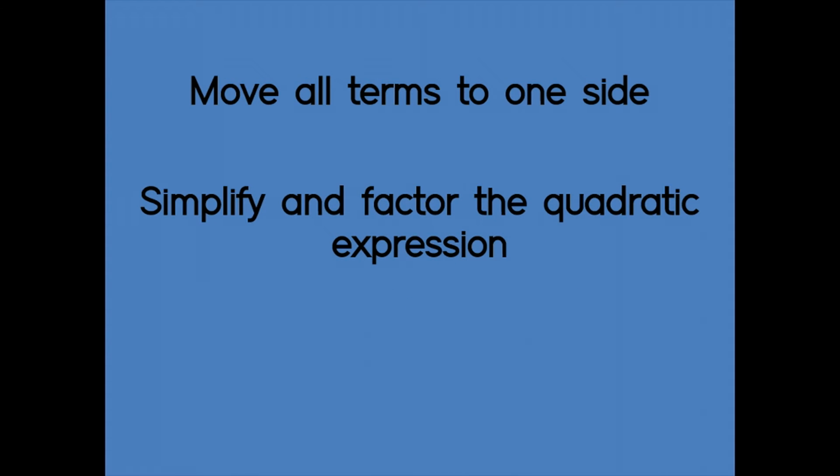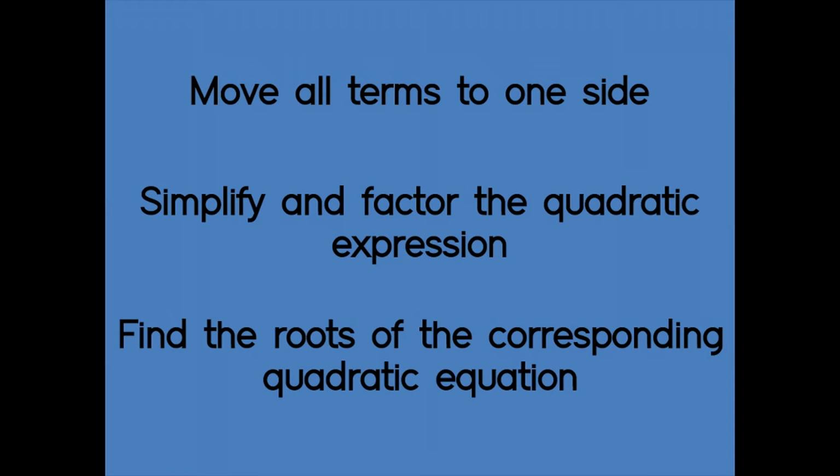Next is to simplify and factor the quadratic expression, and last but not the least, find the roots of the corresponding quadratic equation with different methods. There are actually some people who use their personal methods to find these, and it's okay as long as they can find the proper roots, as long as they can get to the right answer. It's gonna be okay.